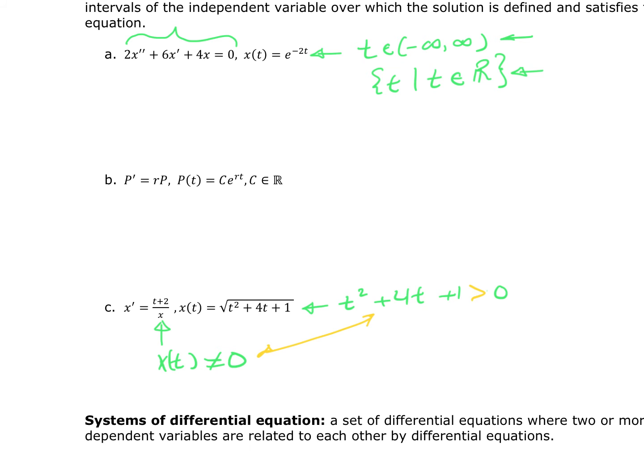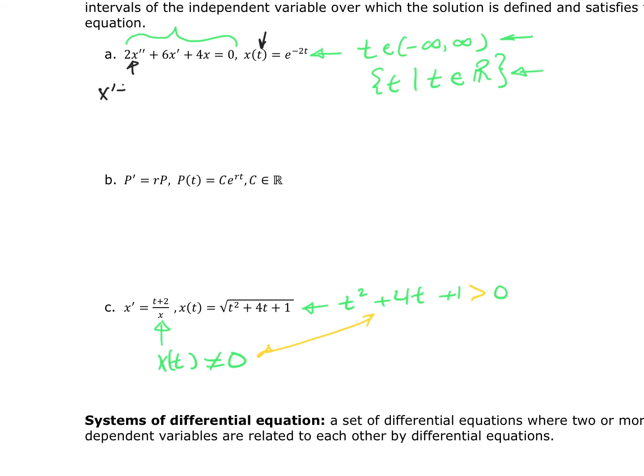Okay, now let's check whether or not these functions satisfy these differential equations. So I'm trying to determine whether or not I take this function right here and do the second derivative, because this says I'm going to take 2 multiplied by the second derivative, so I better do the second derivative.